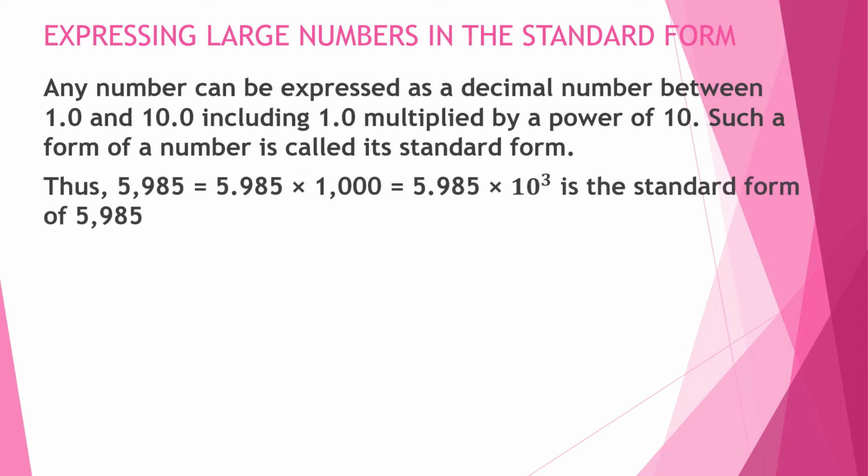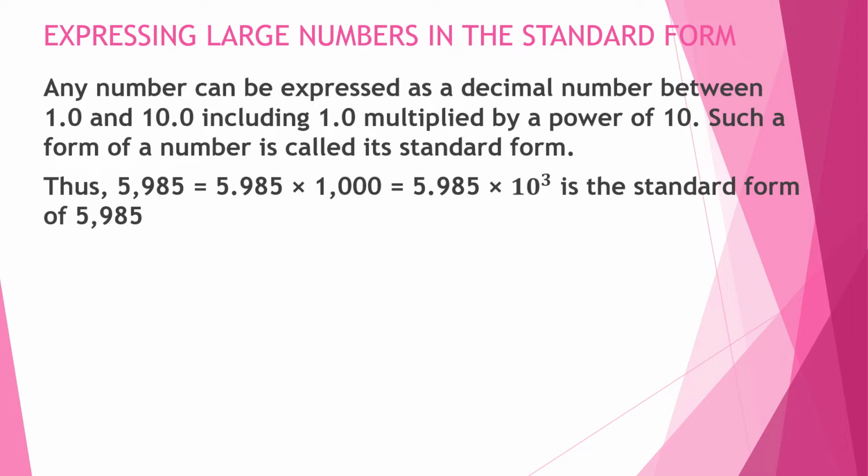For example, 5985 can be written as a decimal number as 5.985 multiplied by 1000. And children, you know that 1000 we can express in exponential form as 10 cube.